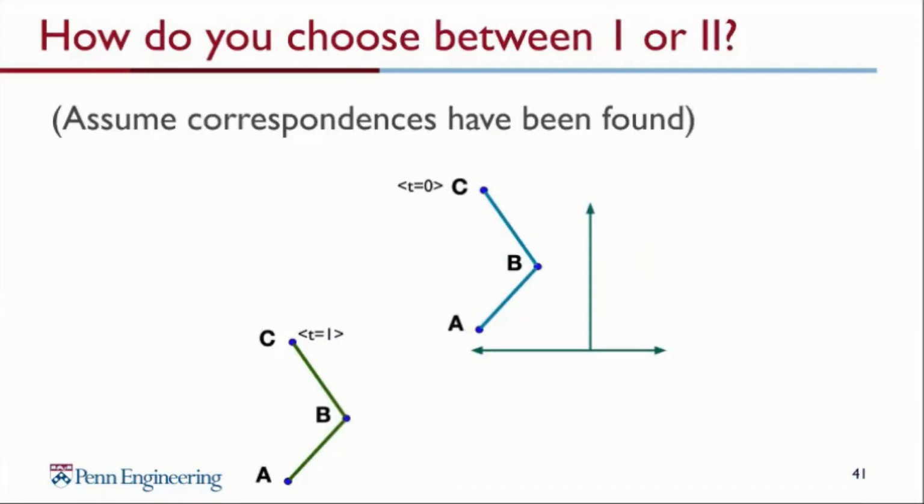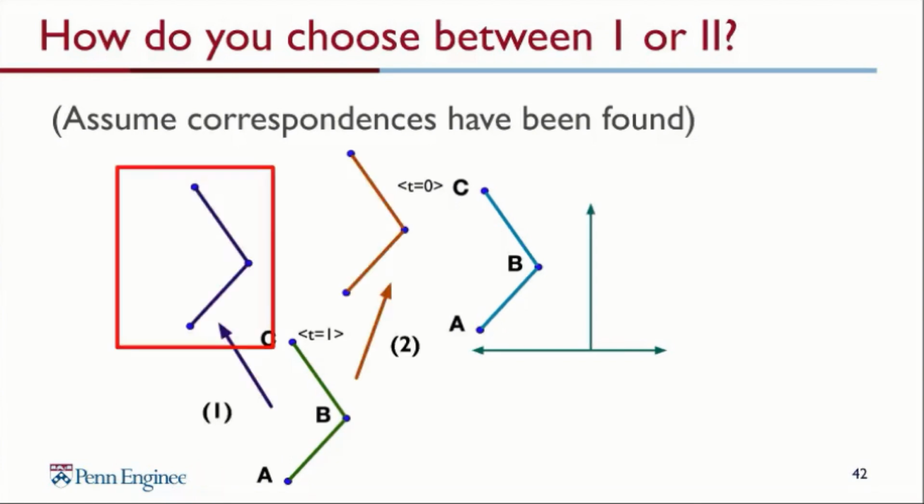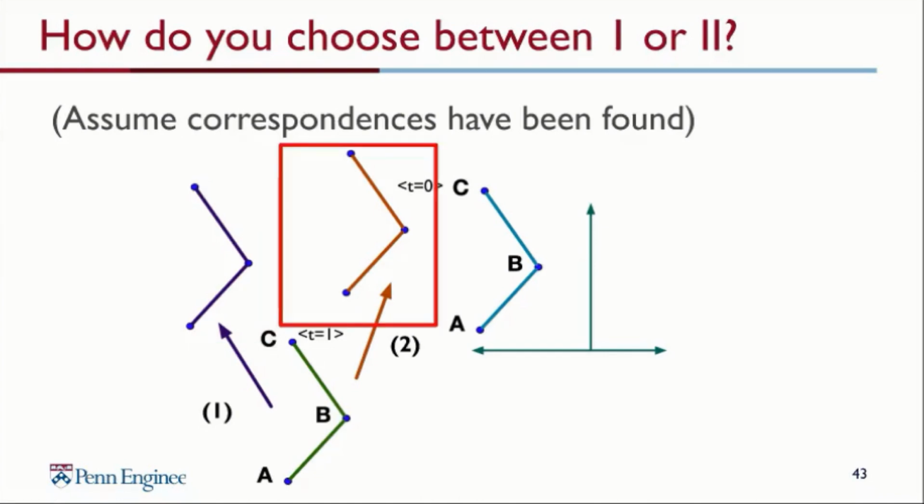In order to explain what I mean by a better transform, we can take this example where we are trying to transform the set of points at t equal to 1 to a local reference frame at t equal to 0. Let's say that we have one option, shown in purple, that transforms the points at t equal to 1 to some direction to the left, and another option that transforms the points to the right, as shown in orange.